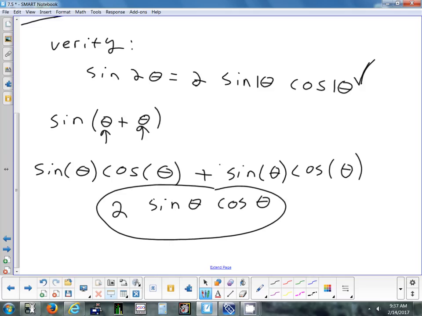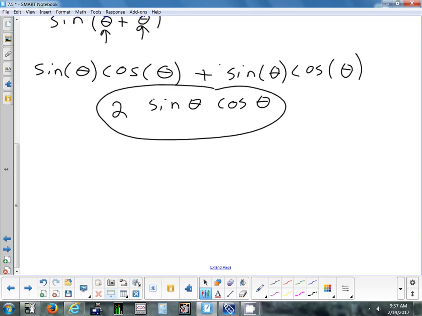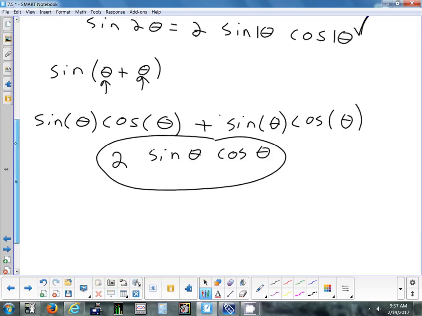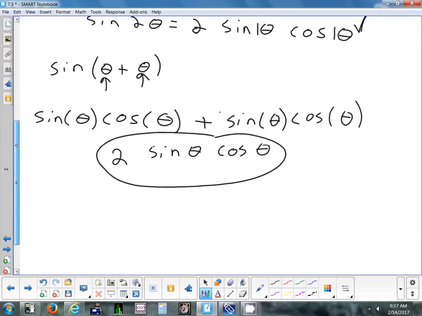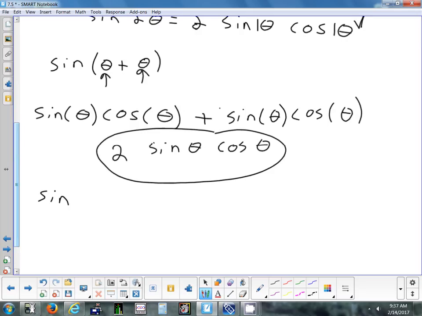And you could double check. You could graph what's on the left in y1, graph what's on the right in y2, and you'd see that they are the same. So in other words, if I wanted to do something like the sine of 60, it should be an answer that you know. But you can think of 60 as 2 times 30.